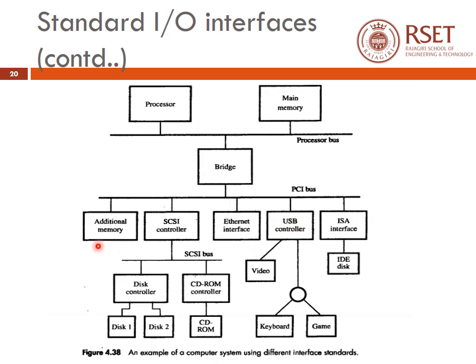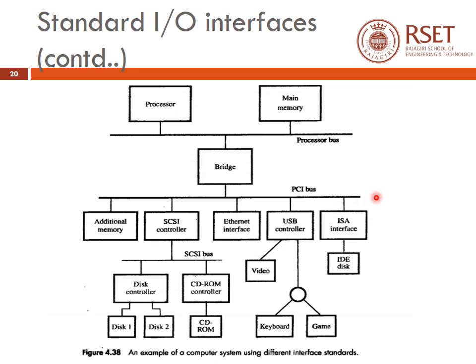For example, here you can see the additional memory components, the Ethernet interface for providing internet facilities, USB devices, and hard disks. For all that, different kinds of interfaces may be required. All these extra required interfaces can be connected to this expansion bus.